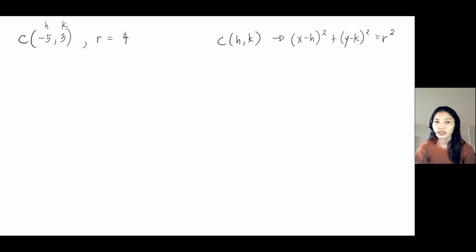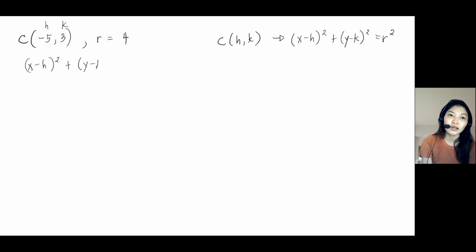So the x coordinate will be h, and the y coordinate will be the value of our k. Again, just simply substitute lang po. Okay? So again, the equation will be x minus h squared plus the quantity y minus k squared is equal to r squared.